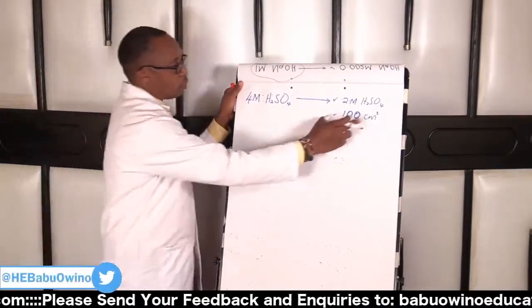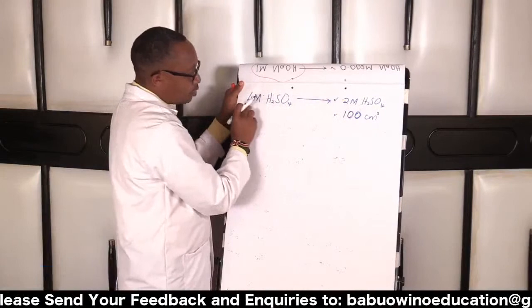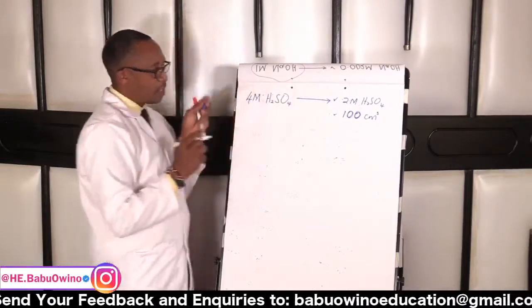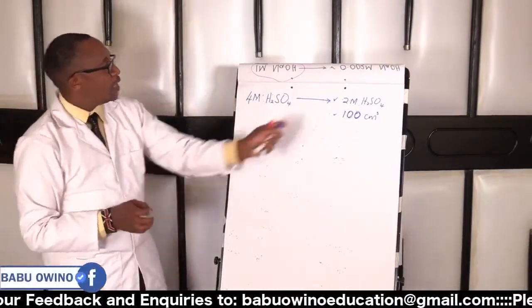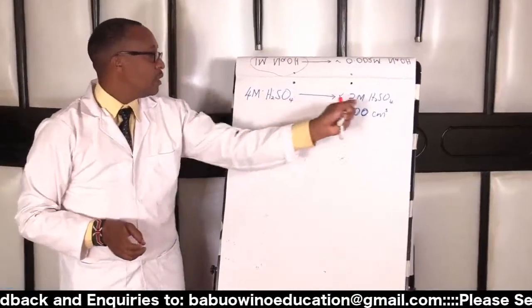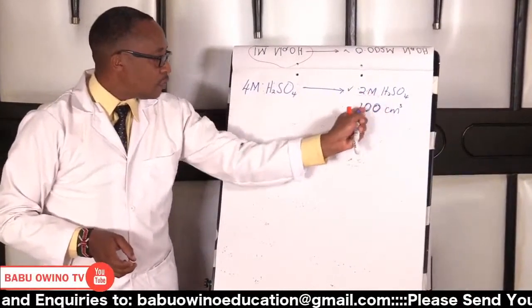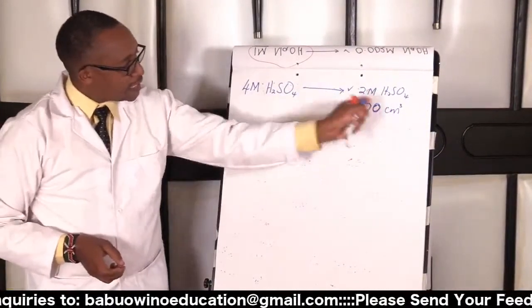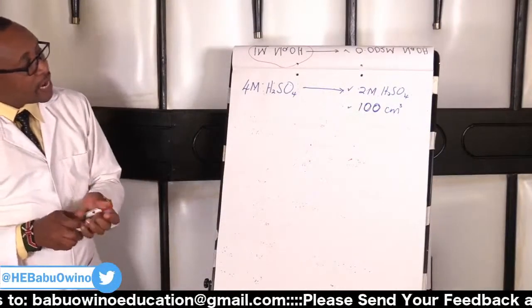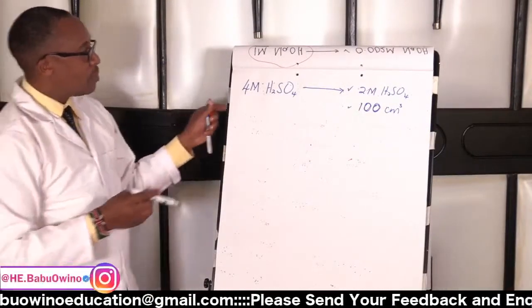So this is the volume you want, but these students cannot use this. It's too concentrated for them. So you want to dilute this solution for 10 students, each taking 10, so you require 100. So how do you go about that?